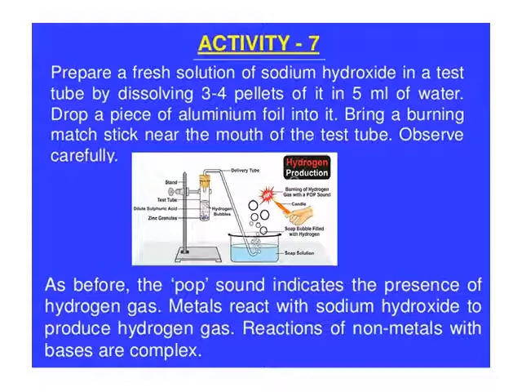So, to conclude, metals react with bases and release a gas called hydrogen. But generally, reactions of non-metals with bases are complicated, and you will learn in detail when you go to class 10. Okay, children?